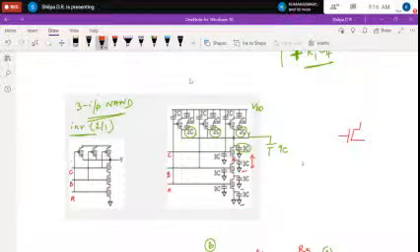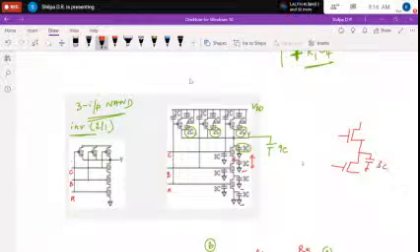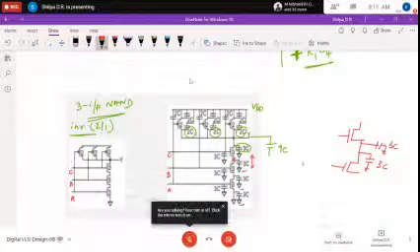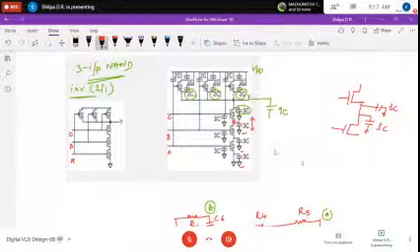Oh, you're saying it should be 6C because there will be a contribution from device C and device B both. Yes, one 3C will come from this and another 3C should come, right? Yes, ma'am. Okay, this is how it should be: 3C, 3C. Total at this particular node you are going to have 6C if you just look at the devices.